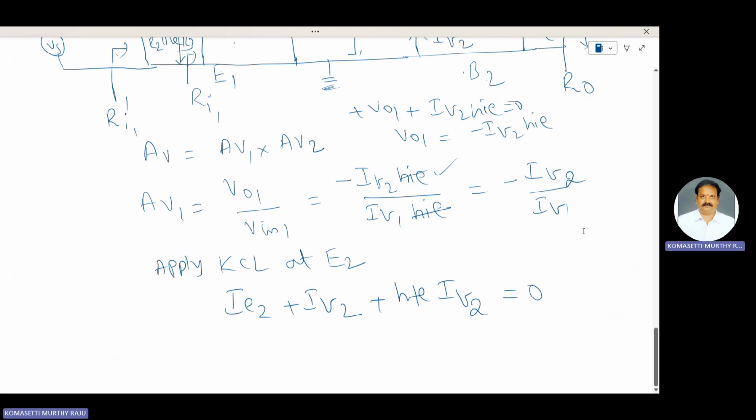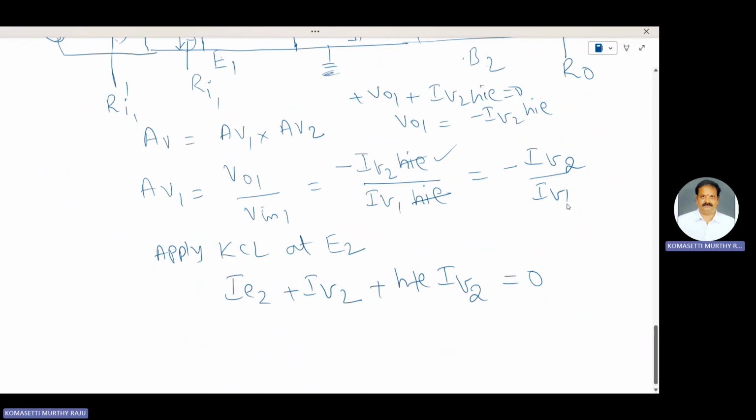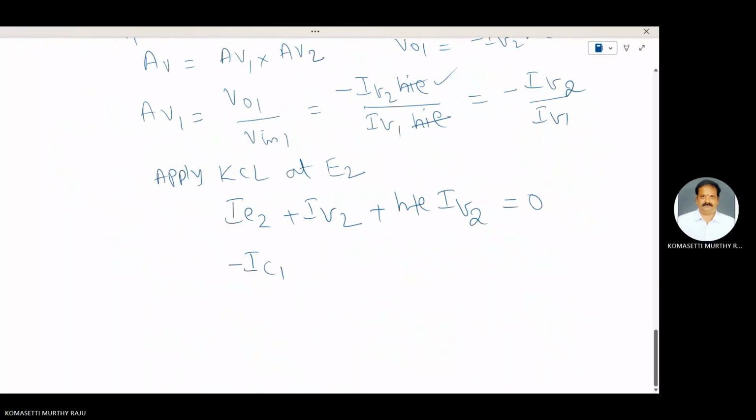Here IE2 and IC1 are in opposite directions, therefore IE2 is equal to minus IC1, which is equal to minus IB2 into 1 plus HFE.